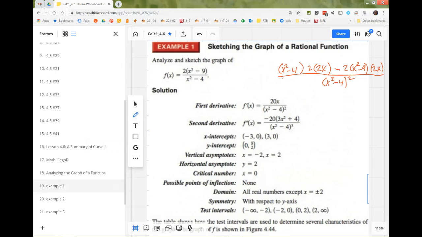And if you simplify that numerator, let's just show you what happens on top. This is really a 4x here. And 4x times x squared minus 4 is 4x cubed minus 16x.